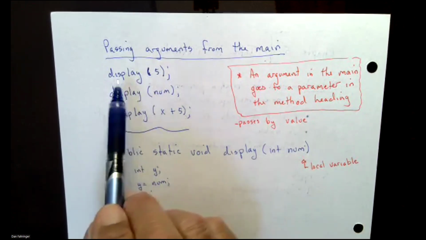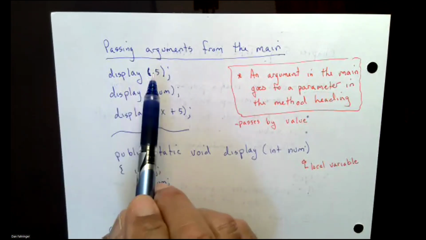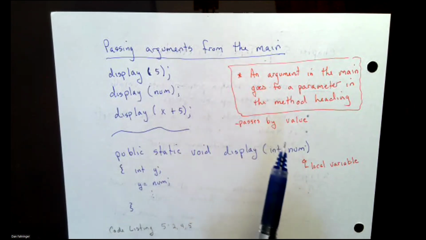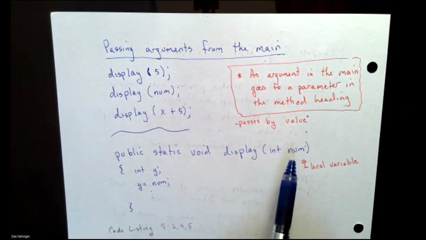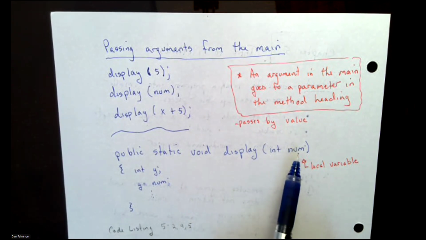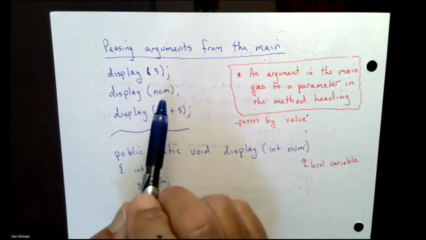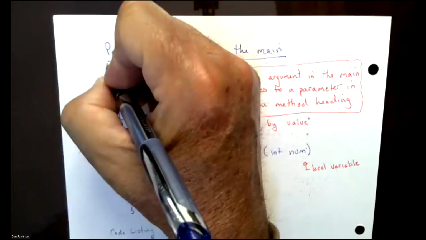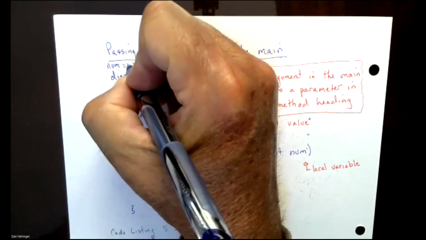So for this guy, I'm going to say display 5. What flies through the air? 5, and it lands right there. Boom. Num. It lands down here, num. I call it again. This time I send the num from up here. Num equals 11.